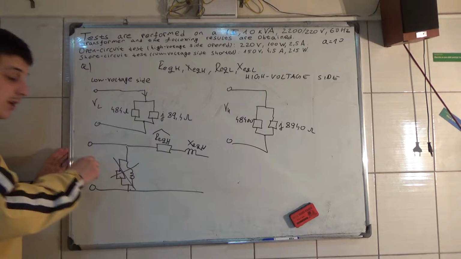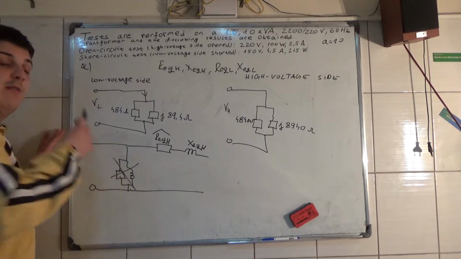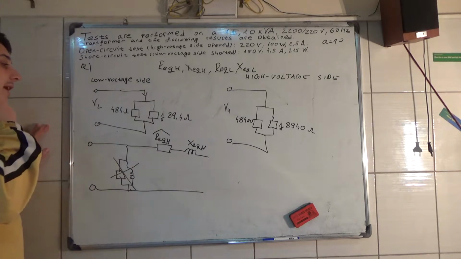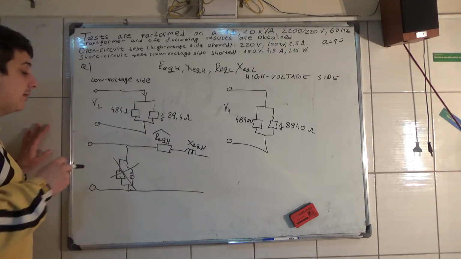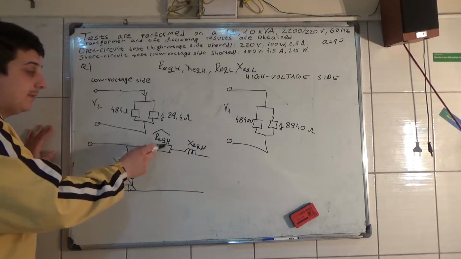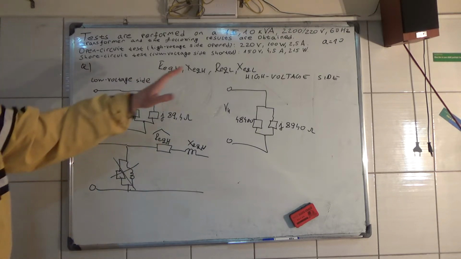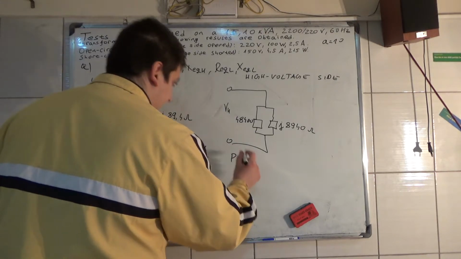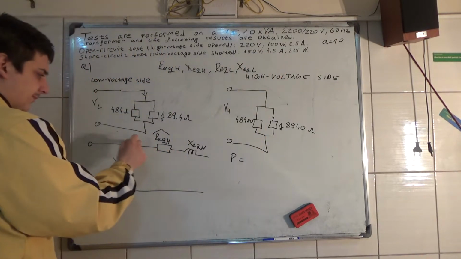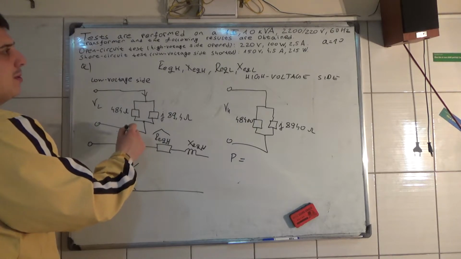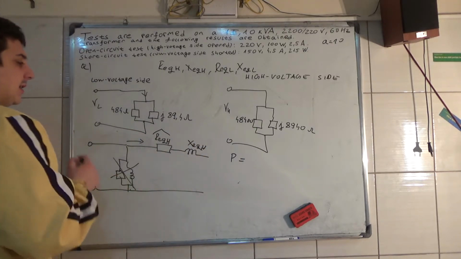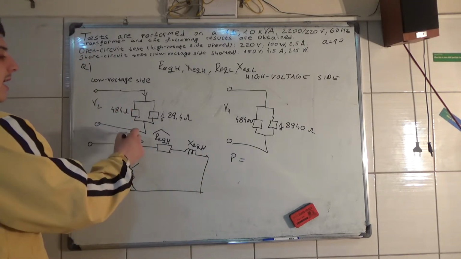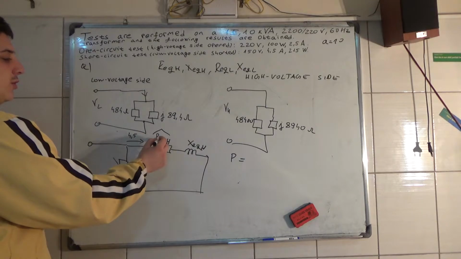And yeah, the exciting current is very low. You will see that it's 5% of the rated current. And yeah, let's calculate this now. So the active power goes on the active side, and this current, 4.5 amperes, goes like this. This is short-circuited, and the 4.5 amperes go to this resistor.